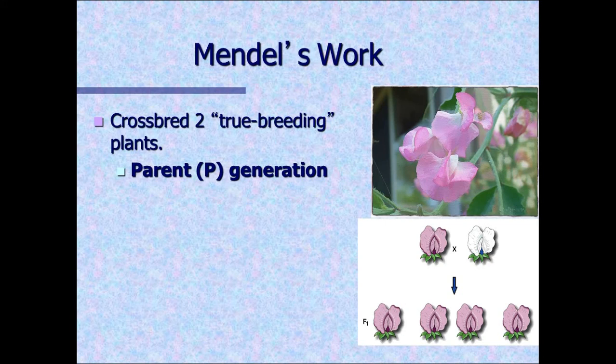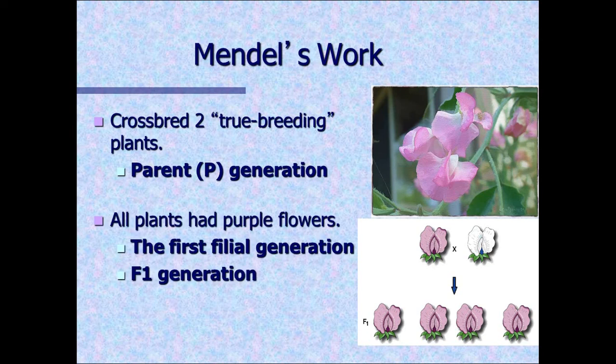Those flowers that passed their colors on to their offspring were called true breeding plants. The flowers that he began with were called the parent generation. So his parent generation had one true breeding purple plant and one true breeding white plant.